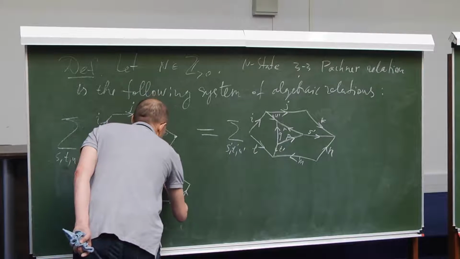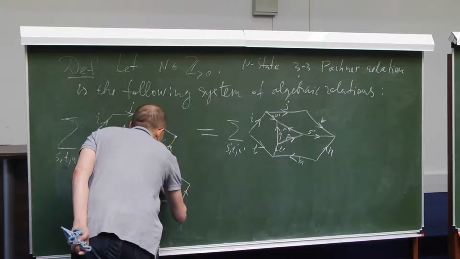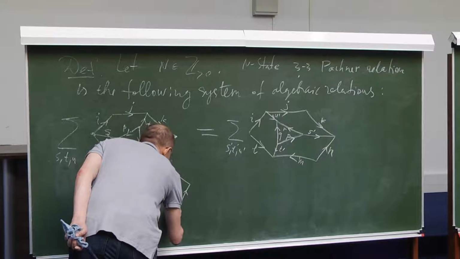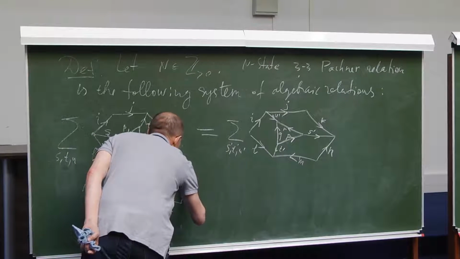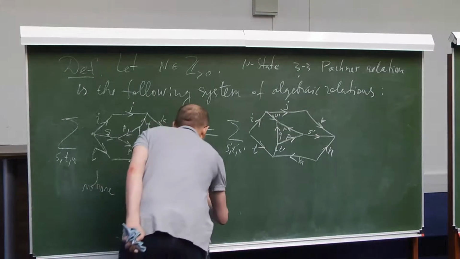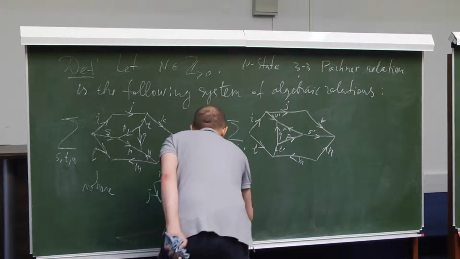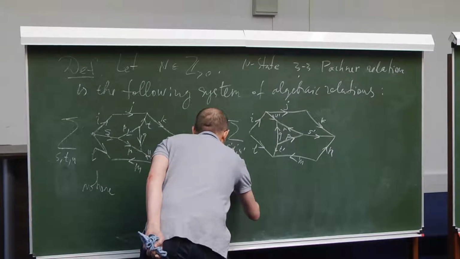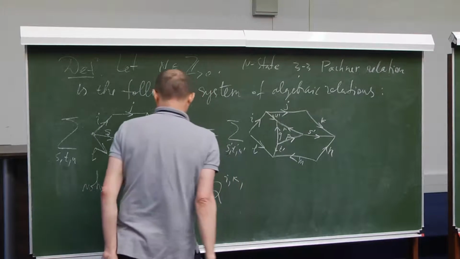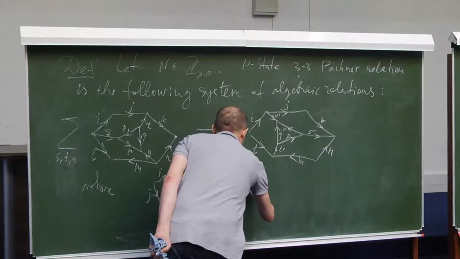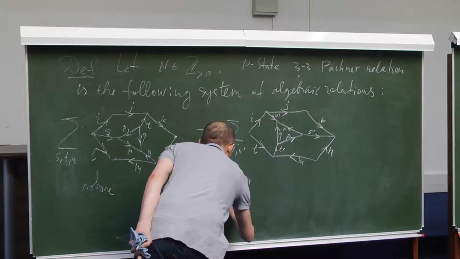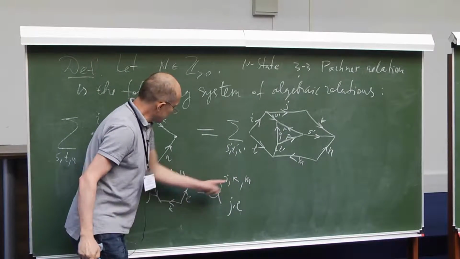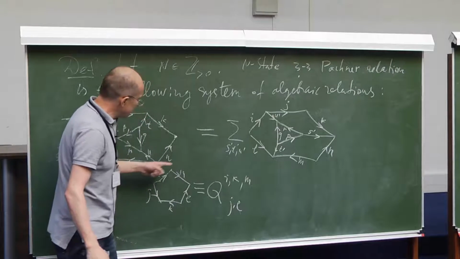And now I just start from the first edge and then I go around. I put indices I, J, K, L, M. And this is a notation for some Q with I, K, M, J, L. So the arrangement of indices is like this.